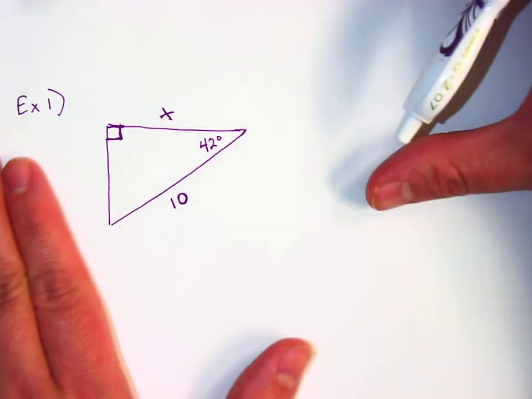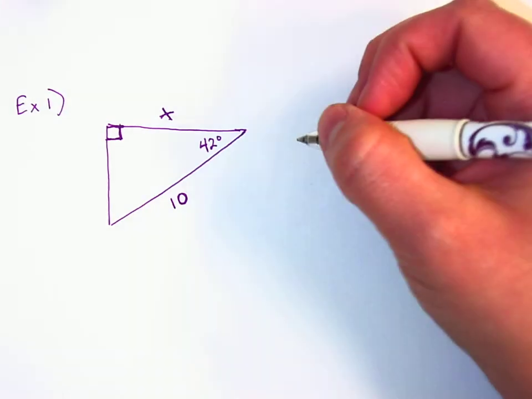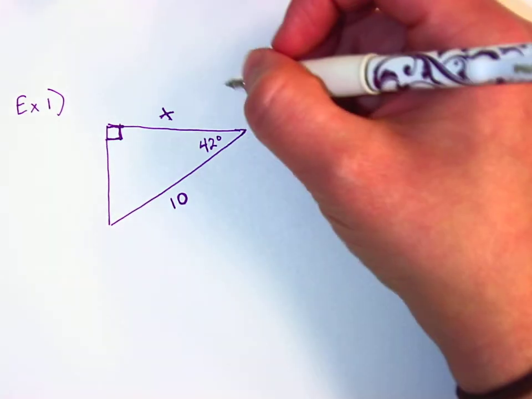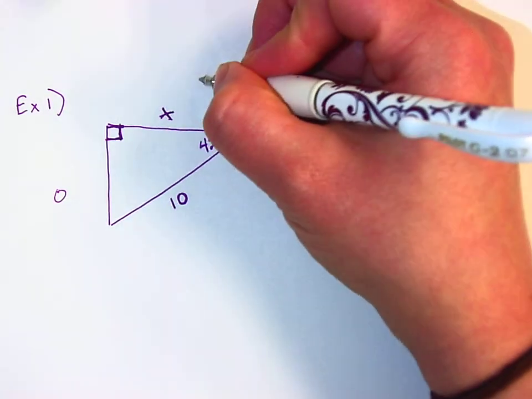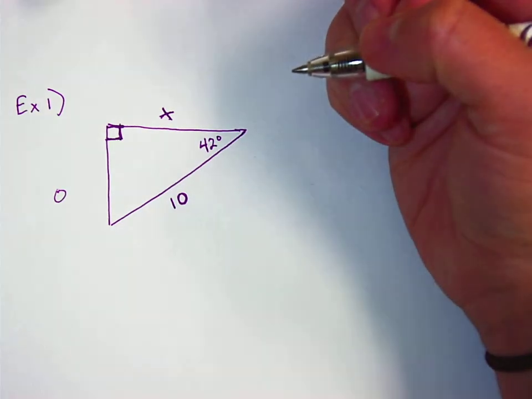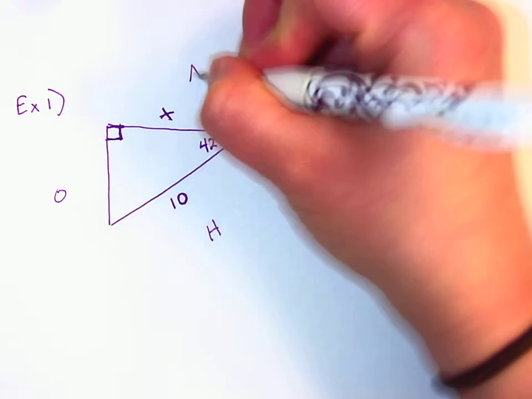Can you hear me? Yep. Alright. So I figured out where the A, O, and H are. Opposite of the degree is the O, the opposite. And then opposite of the 90 degree is the hypotenuse, and then the other one's the adjacent.